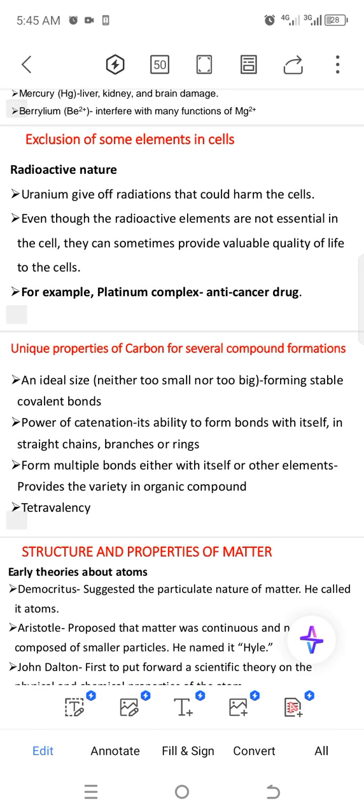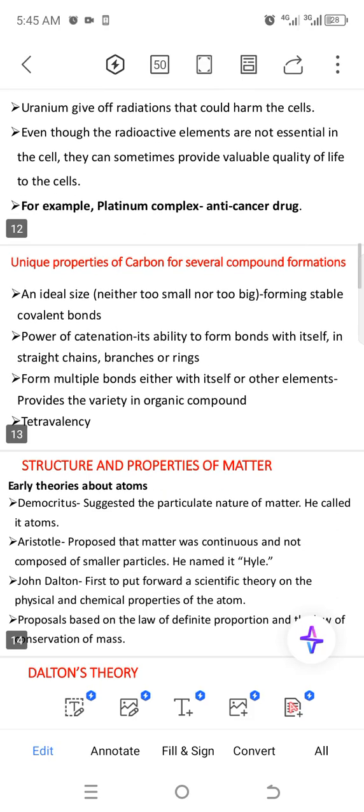And the last one is the radioactive nature of the element. So radioactive nature, we'll be talking about uranium which gives off radiation that could harm cells. So definitely uranium cannot be included in a cell because it gives off radiation. It's very harmful to the cells.